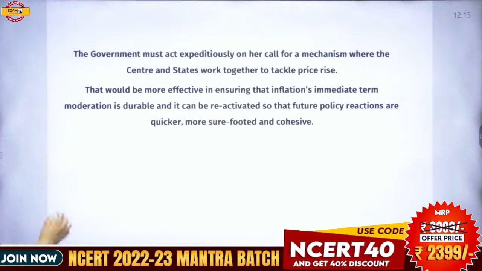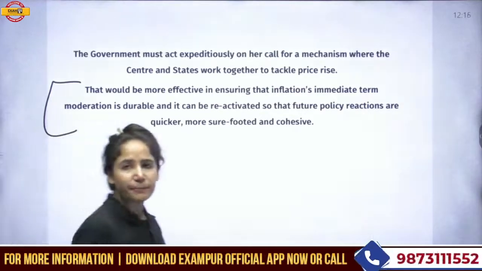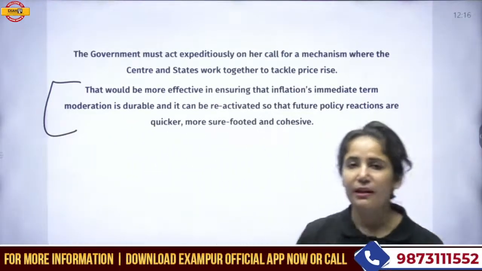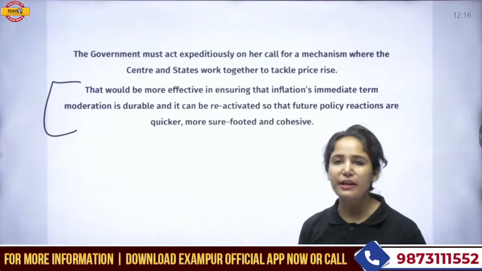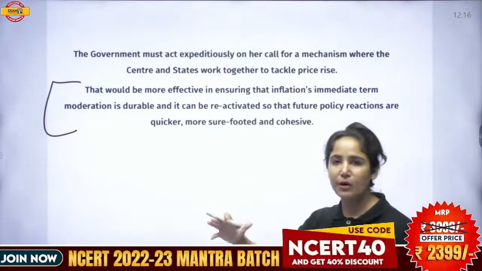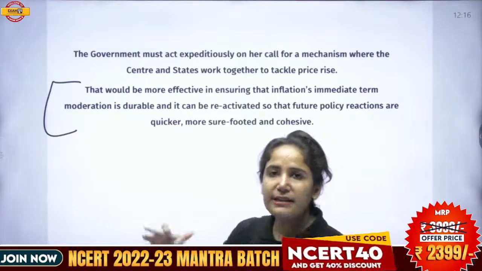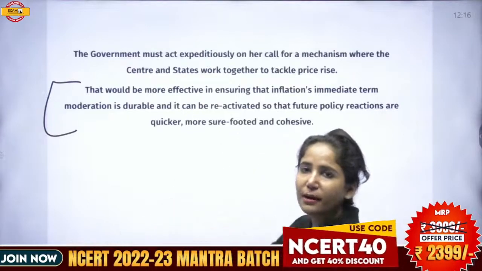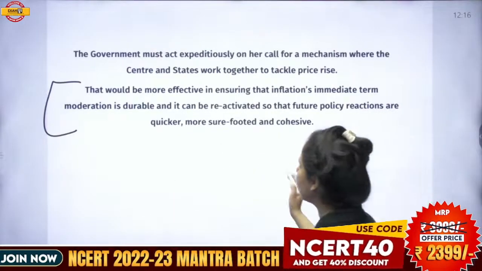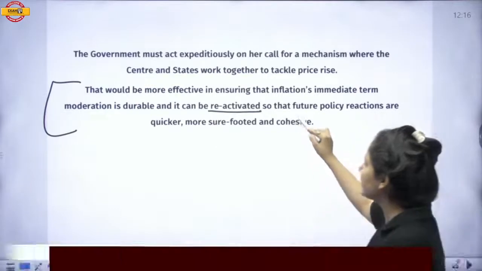Ultimately, to make stability in inflation, you need coordinated policies between the central and state governments. If you control it, it can establish the base, and it can get reactivated.